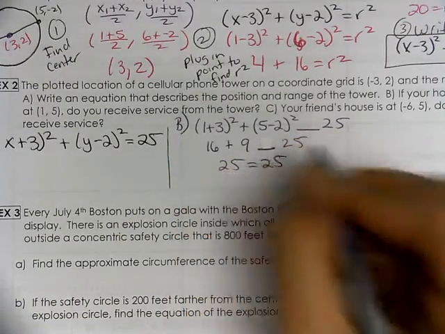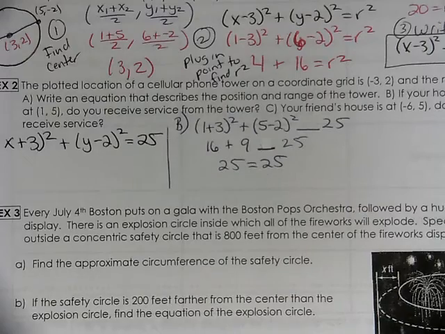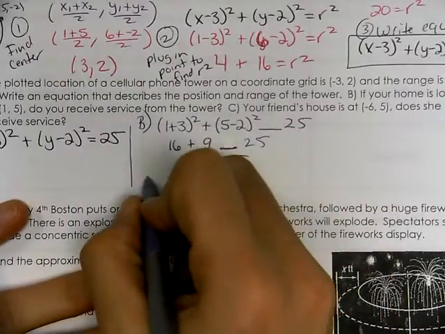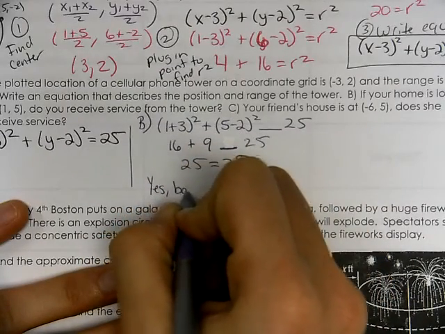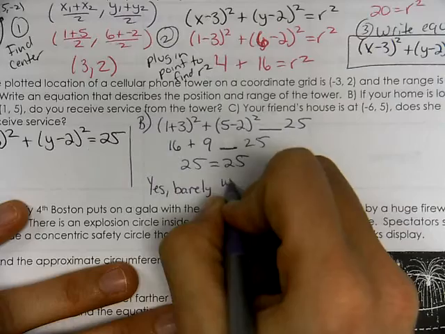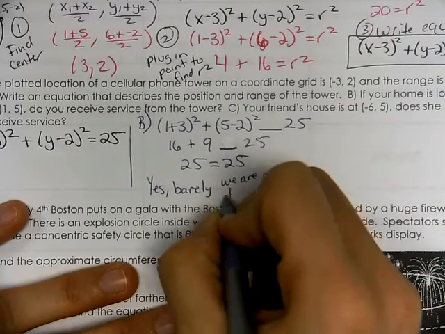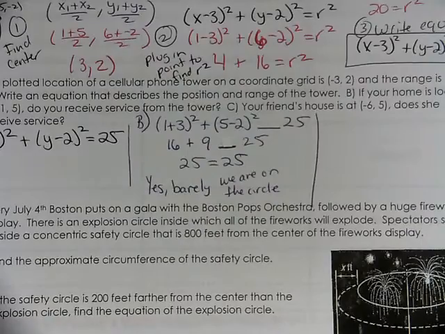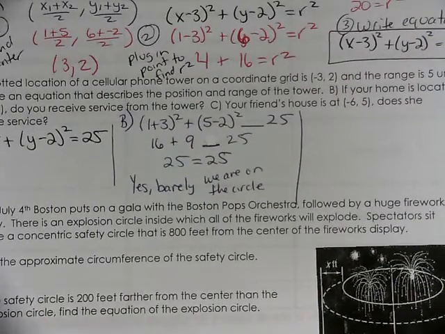So because the number we get is equal to the radius squared, do you think we get cell service? Yes, but probably barely, right? So we probably barely get service because we're on the edge of the circle.